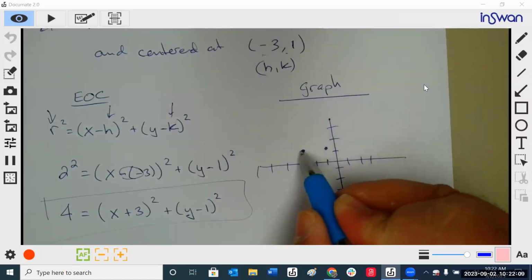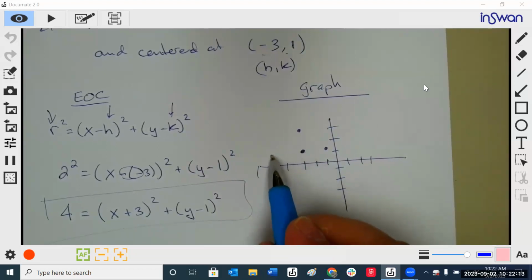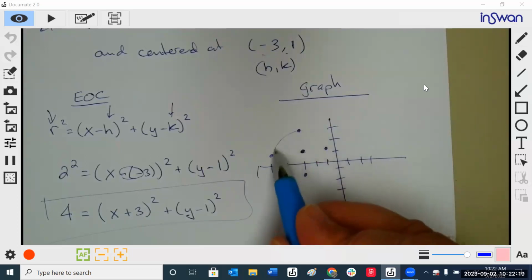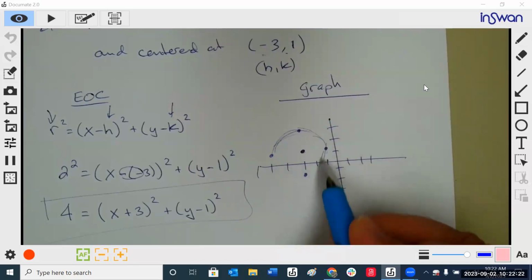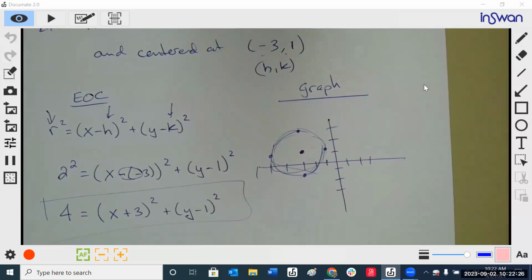Go up 2 spaces, put a dot. Go to the left 2 spaces, put a dot. Go down 2 spaces, put a dot, and connect the dots. And there's your circle. There's your graph. So once you have the center and the radius, plot the center and the four directions, go to the radius and connect them.